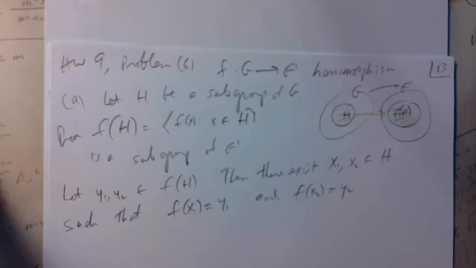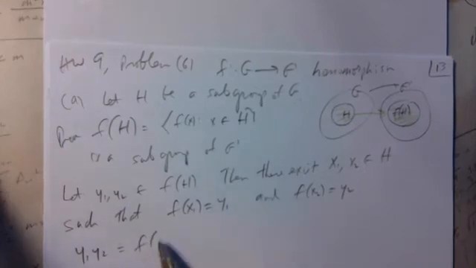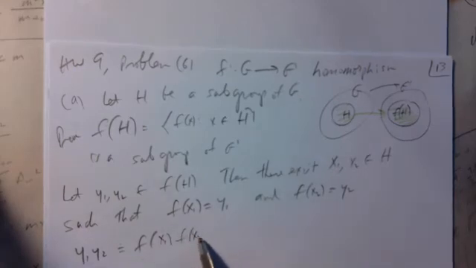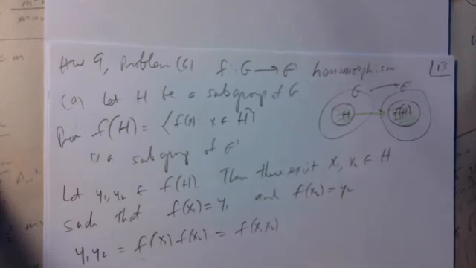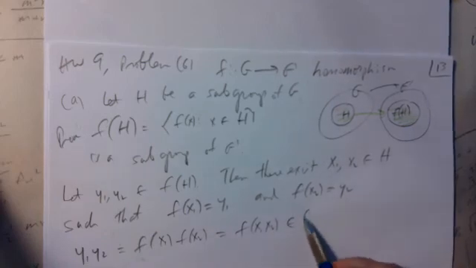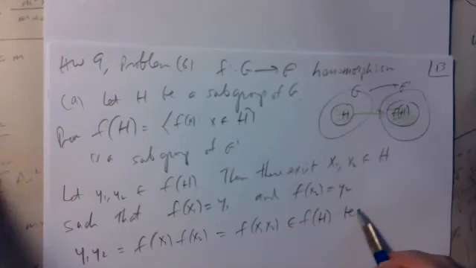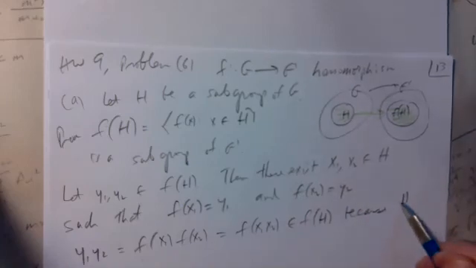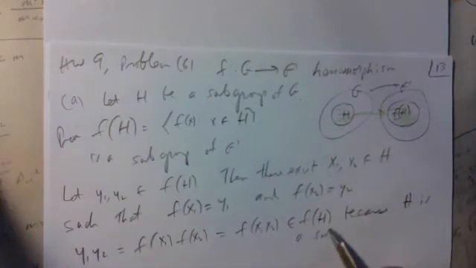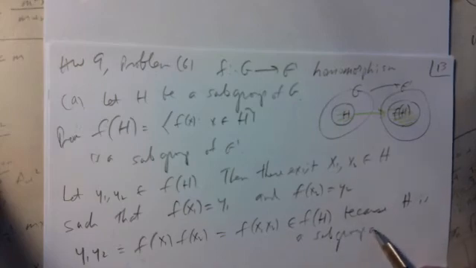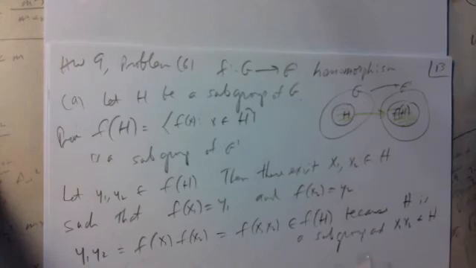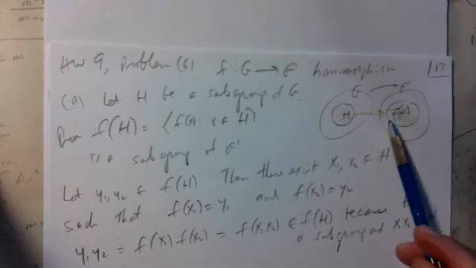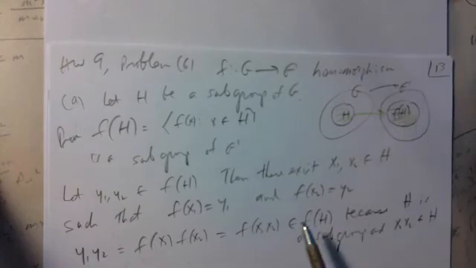So y1 times y2 is f of x1 times f of x2, but that's f of x1 times x2. And that is in f of H because H was a subgroup and closed under multiplication, so x1 x2 is in H.